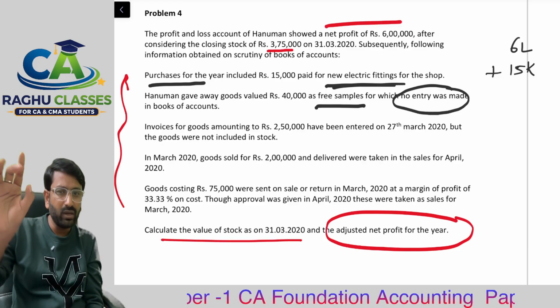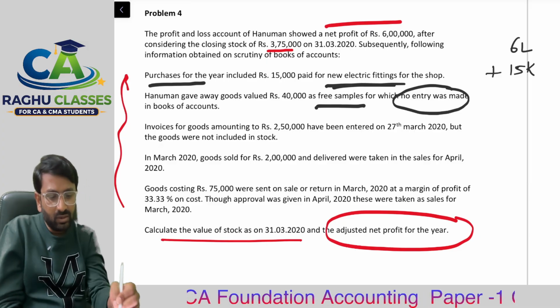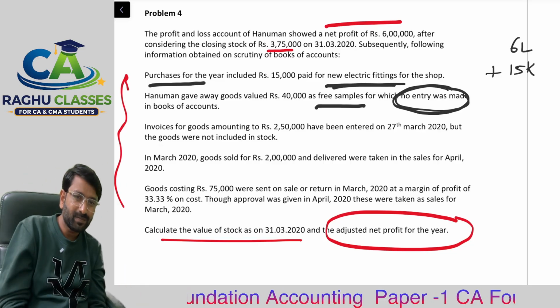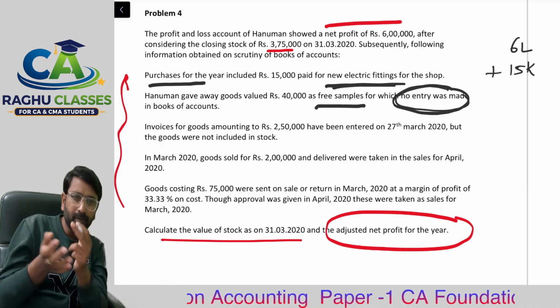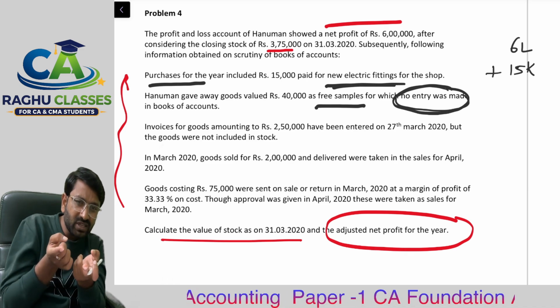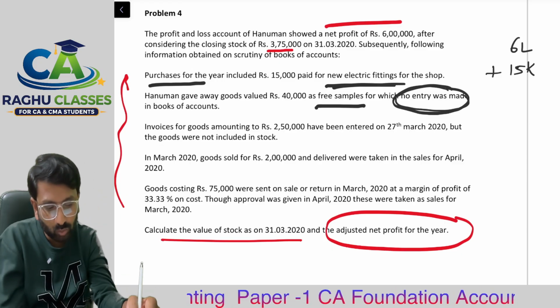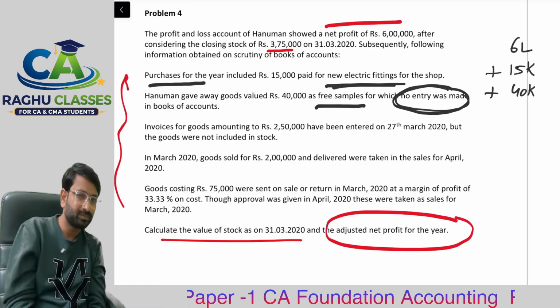Effect number one, in trading account, I should minus from purchase. Because no entry was made, we did not minus from purchase. And when you don't minus from purchase, your purchase will go up. And because the purchase has gone up, your profit would have reduced. So what we should do? Add. This is effect number one.